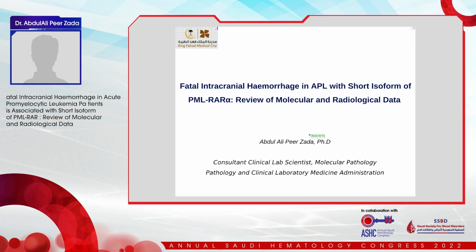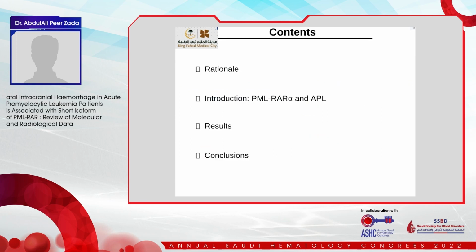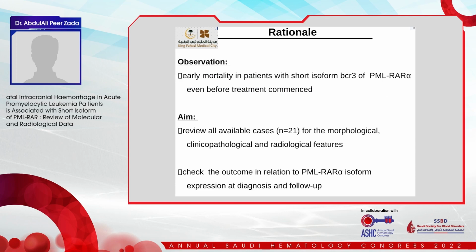So I will briefly talk about the rationale, the introduction. Next slide, please. Introduction about PML-RAR alpha. The basis of our study started with the observation of early mortality in patients with the short isoform, which is called BCR3 of PML-RAR alpha, even before treatment commenced.